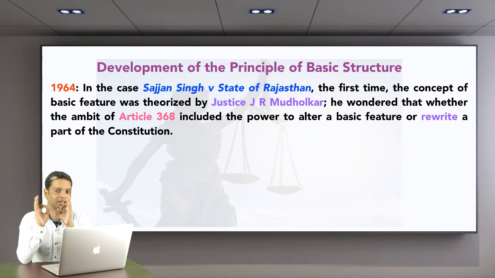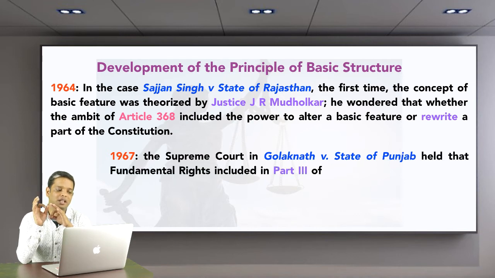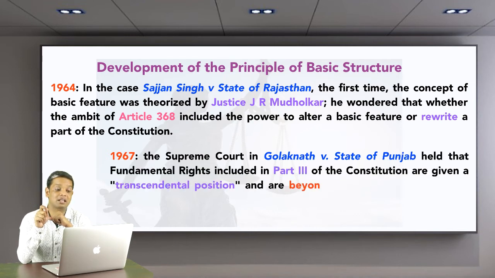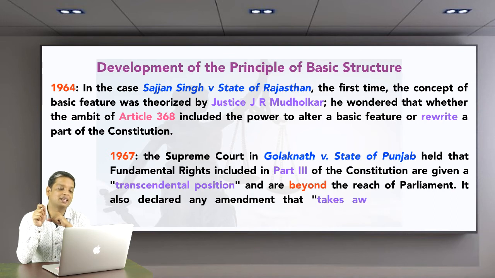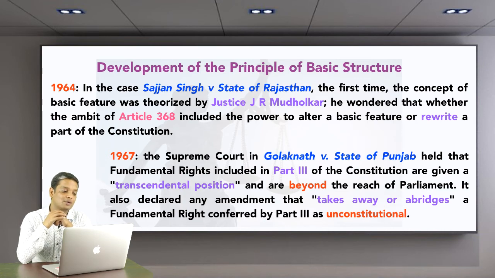Further, in 1967, the Supreme Court in Golaknath versus State of Punjab held that the fundamental rights included in Part 3 of the Constitution are given a transcendental position and are beyond the reach of Parliament. It also declared that any amendment that takes away or abridges a fundamental right conferred by Part 3 is unconstitutional.